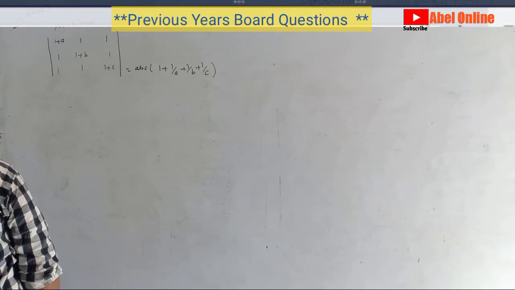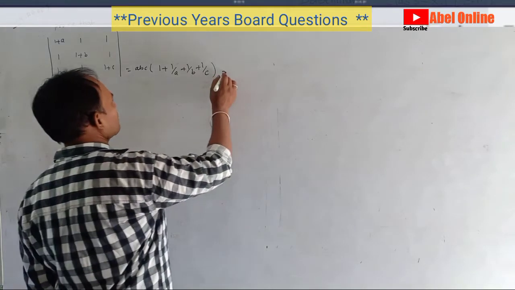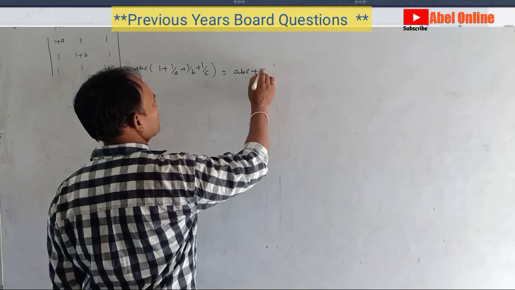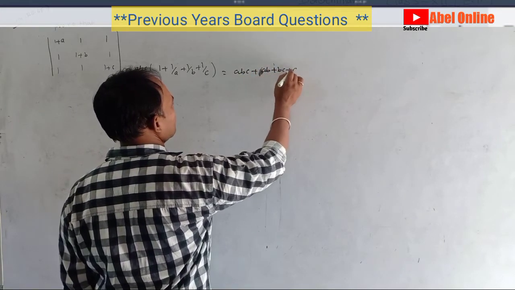It is completed, and it is abc equal to abc plus ab plus bc plus ca.